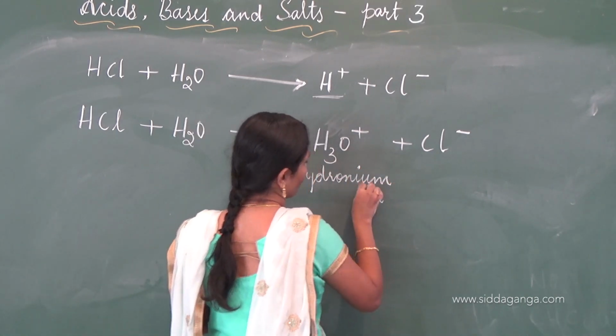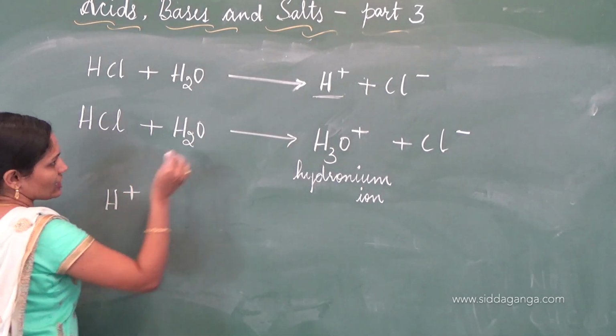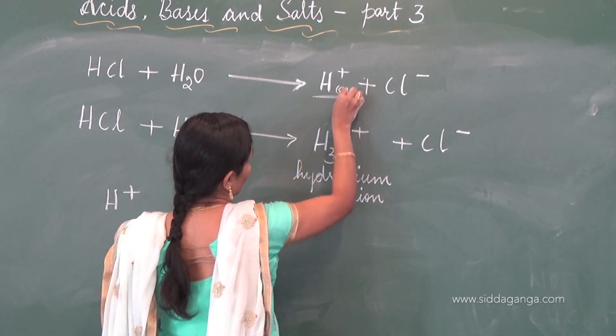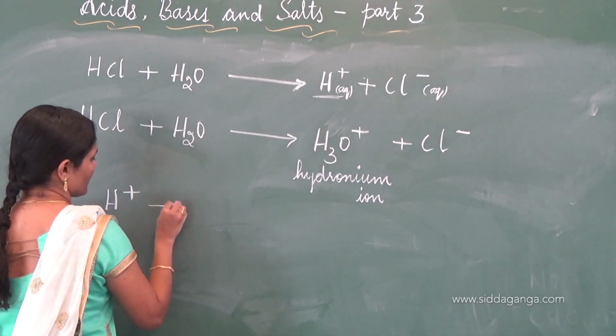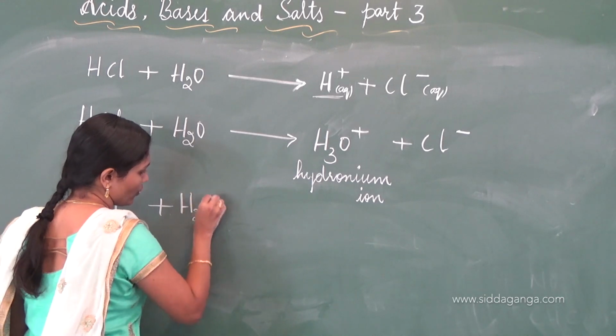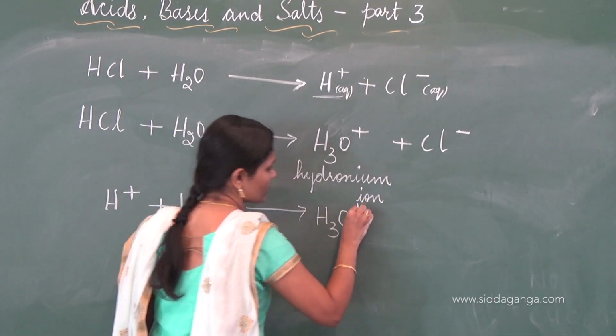Hydronium ion. And we'll understand how hydronium ion is formed. H+ ion in this case is aqueous in nature, that is, with water. H+ plus H2O gives rise to H3O+.